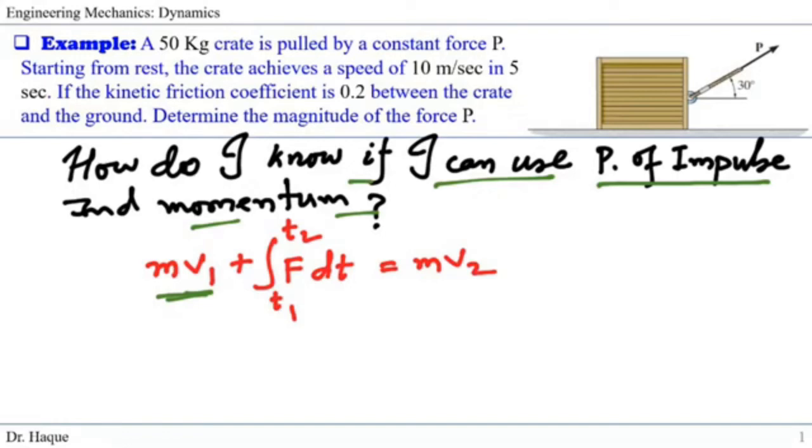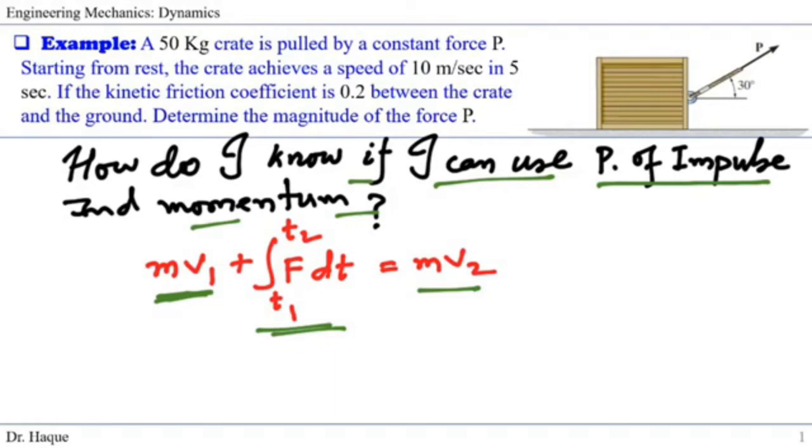The impulse is force acting over a certain period of time. So mv2 minus mv1 is the change in momentum, which equals the impulse. If I take mv1 to the other side, initial momentum plus the impulse equals final momentum.